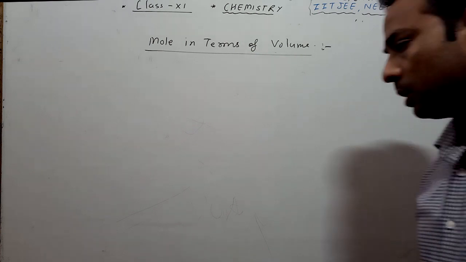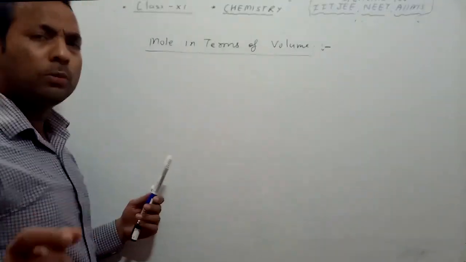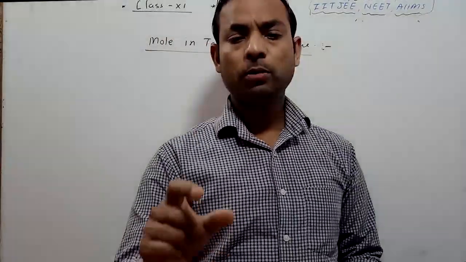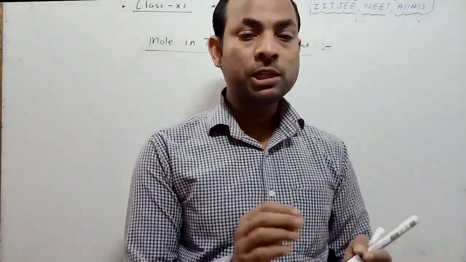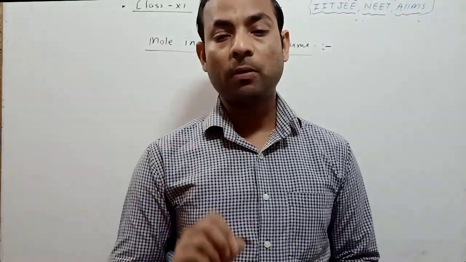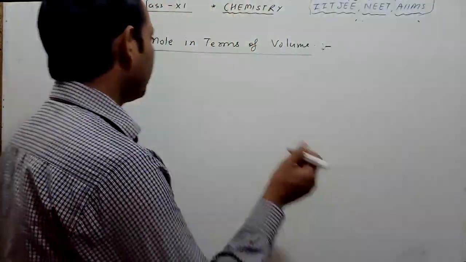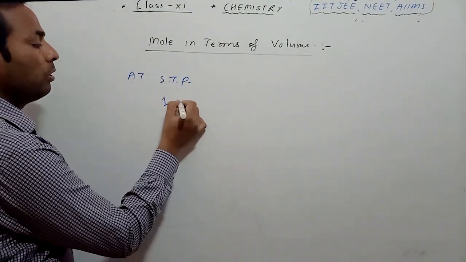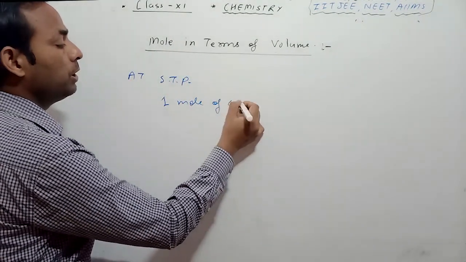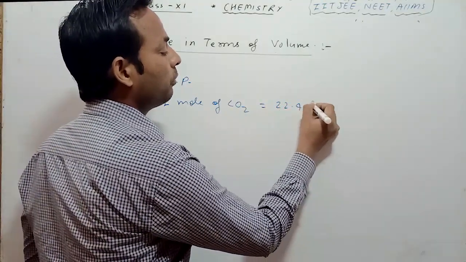Well, students, I just told you 1 mole of gas always occupies 22.4 liter volume. It is also equal to 6.023 into 10 to power 23. So we can write here at STP, 1 mole of CO2 equals 22.4 liter.